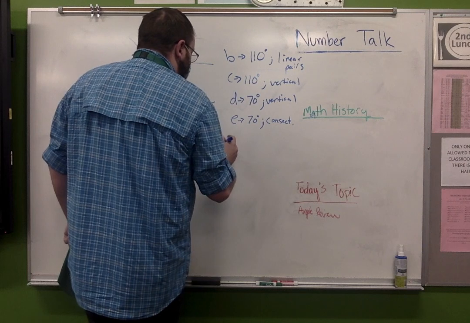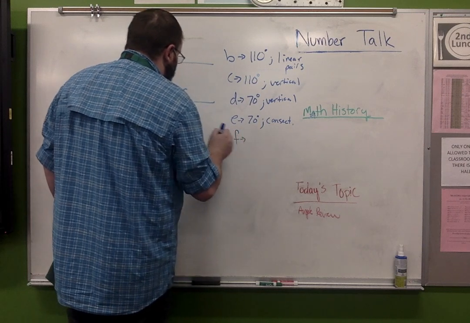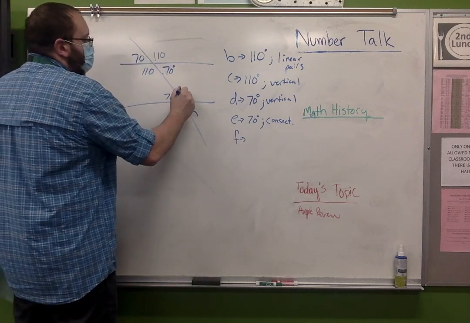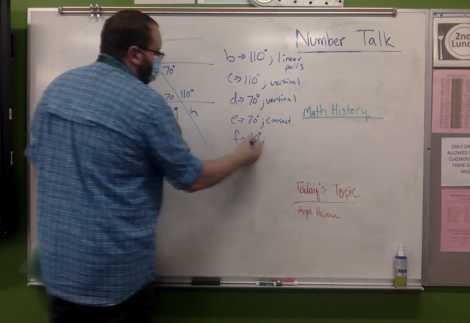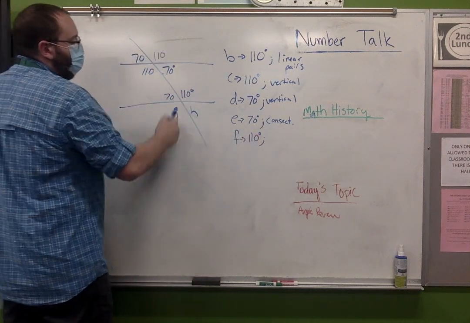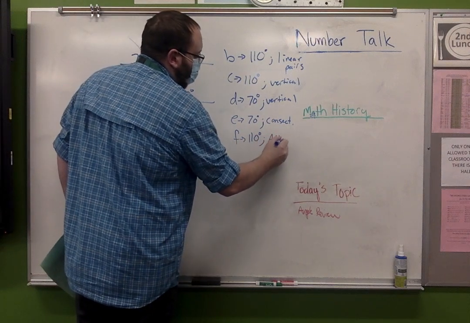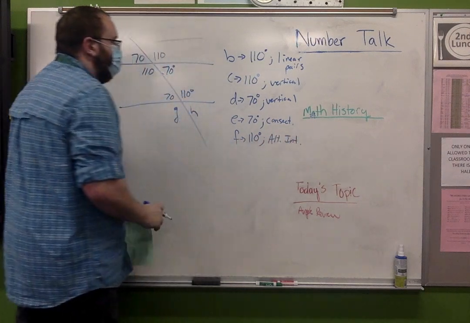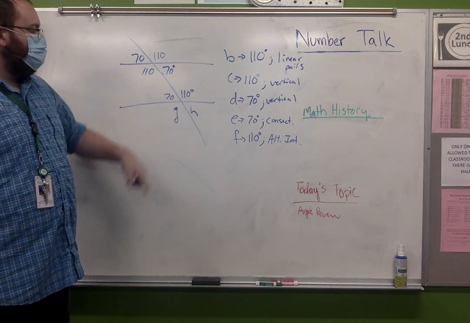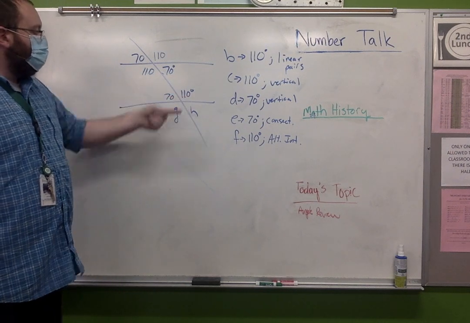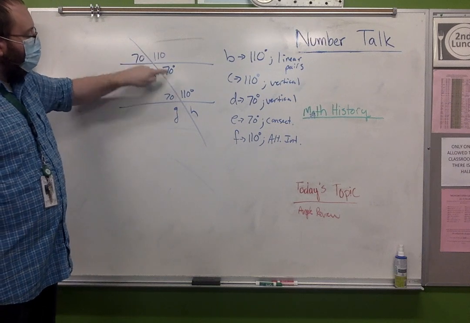Let's see. A, B, C, D, E, F. F is 110. The reason I'm going to use is alternate interior angles. Remember, alternate interior angles are congruent. So if this is 110, this has to be 110. You could also use linear pair. You could use corresponding angles.